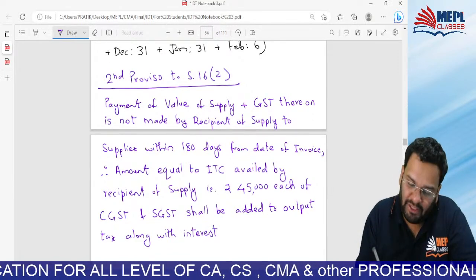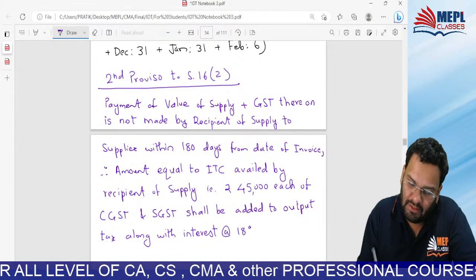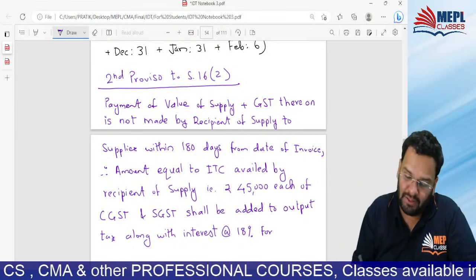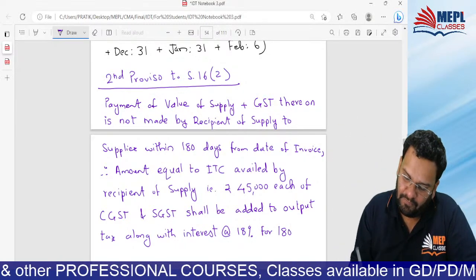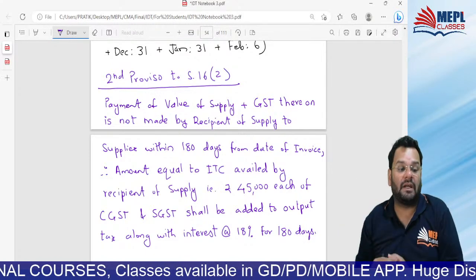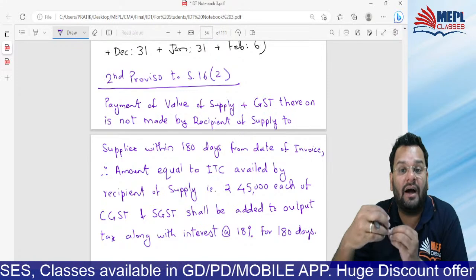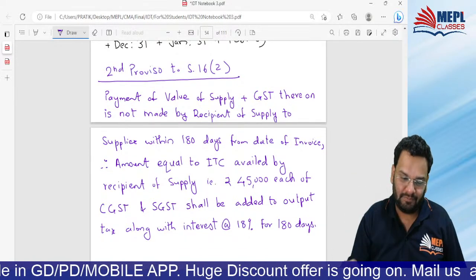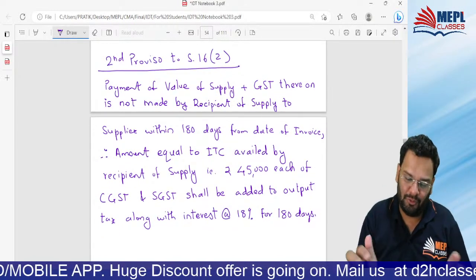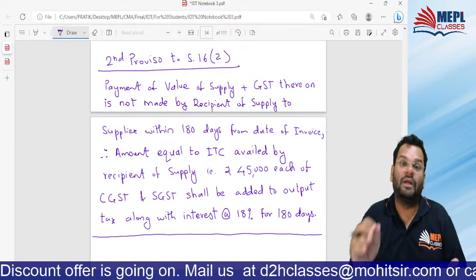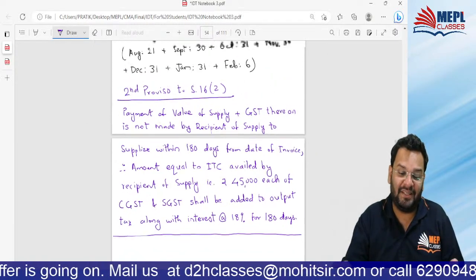If you want to know the rate of interest, it is at 18% for the last 180 days. Because from the government's perspective, it is as good as ITC unnecessarily taken. Is it clear to all of you? Once done, please say D in the chat window.